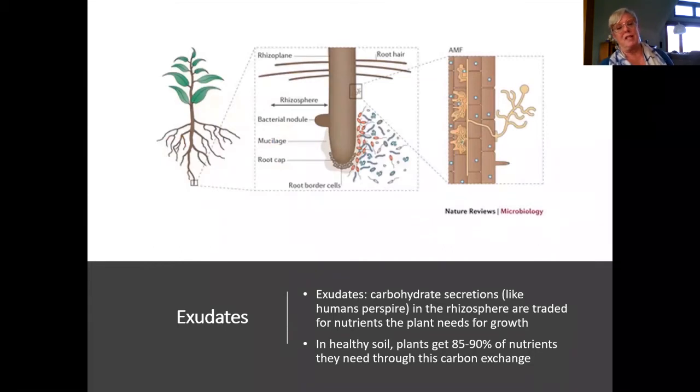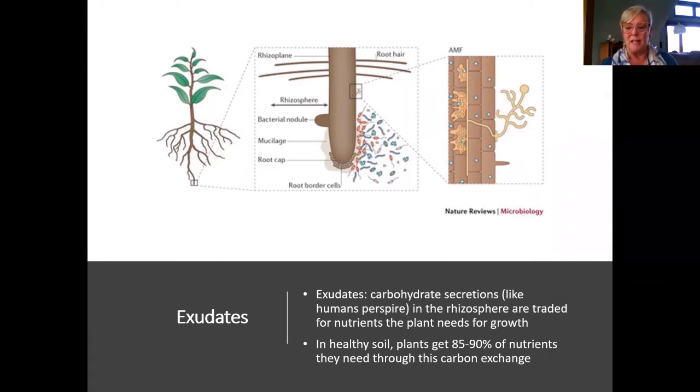Those sugars that plants produce are referred to as exudates. Some people, like Elaine Ingham, refer to them as cakes and cookies to feed soil life. So in the rhizosphere, which is that area closest to the roots of a plant itself, these exudates are being exchanged for nutrients with soil organisms.